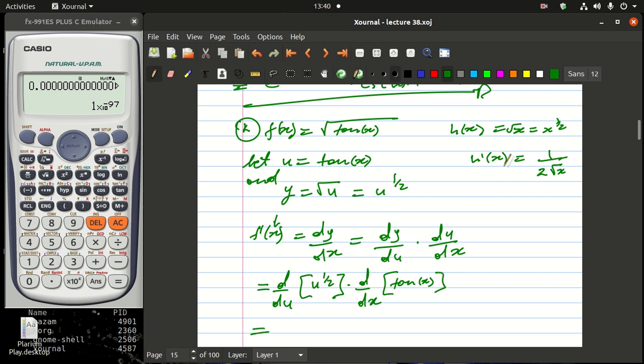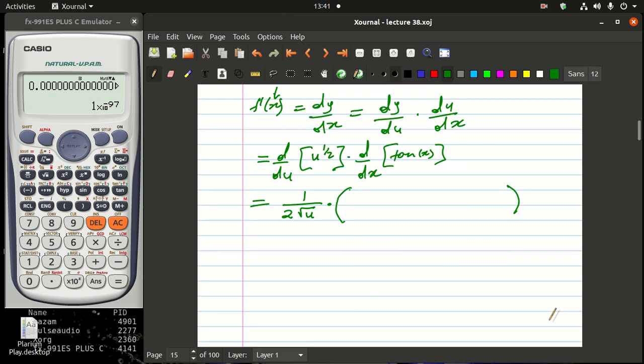We use this, but instead of having an x here, I have a u. So here I will end up having 1 over 2 square root u, something of that nature, because it's just a change of variable, times whatever I'm going to get here. I usually put brackets just in case there is addition or subtraction, so that I don't end up making a mistake.